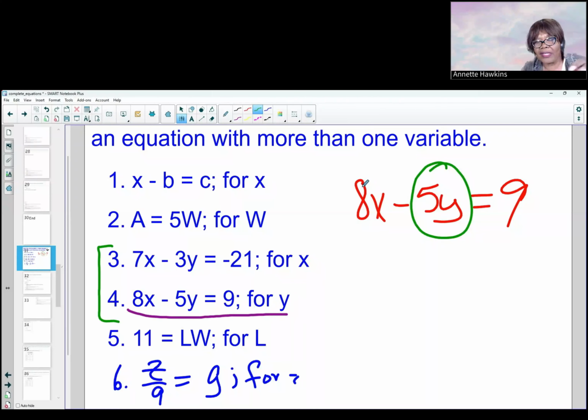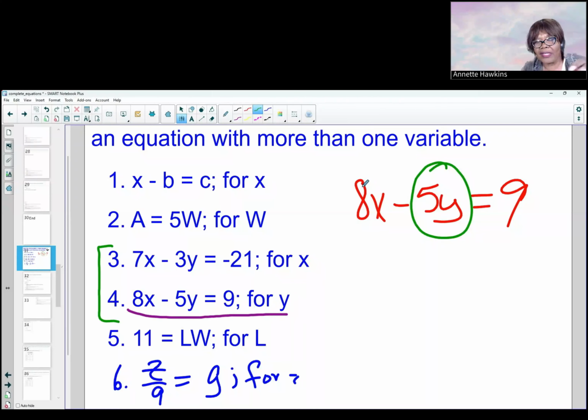Okay? Now, once you get what you're solving for on one side, we know then that to be finished, the coefficient of what we're solving for has to be a 1. Now, this coefficient is a negative 5. So I need to divide everything by negative 5.